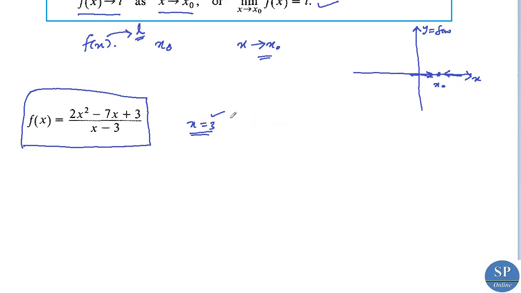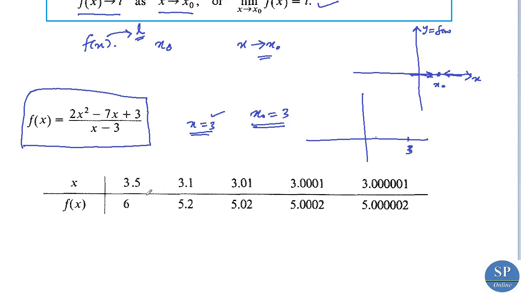So if we take x naught as 3 here, let this be the point 3. Now we are finding the values of this function at points near 3. If we find the values of this function at points x to the right of 3, we get this.